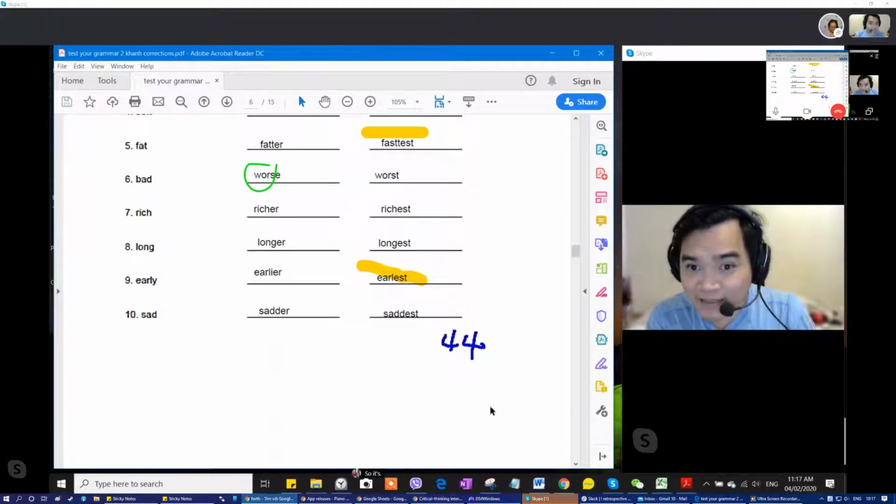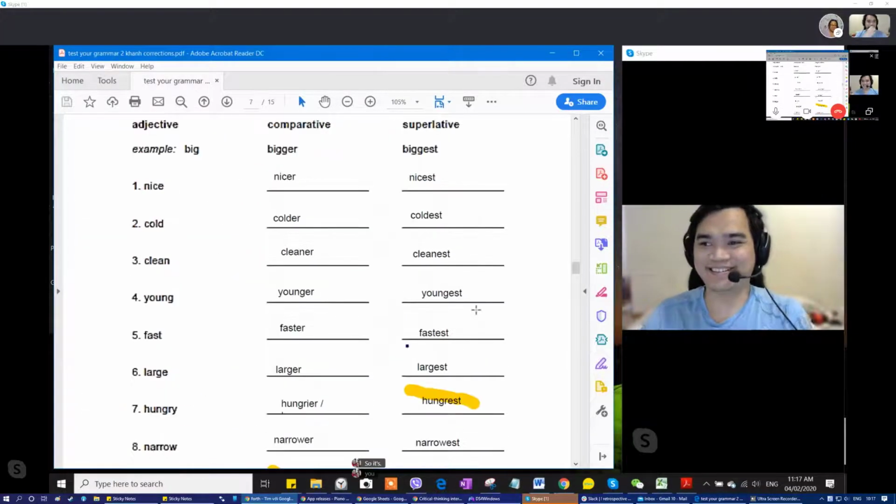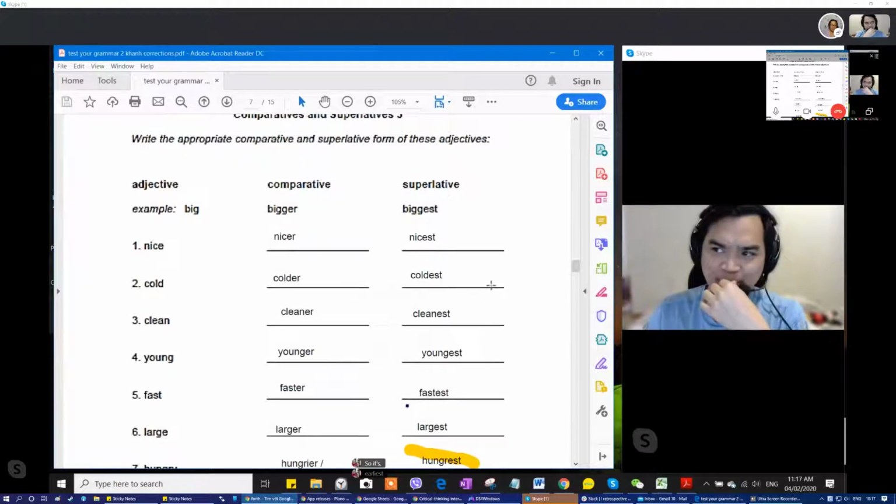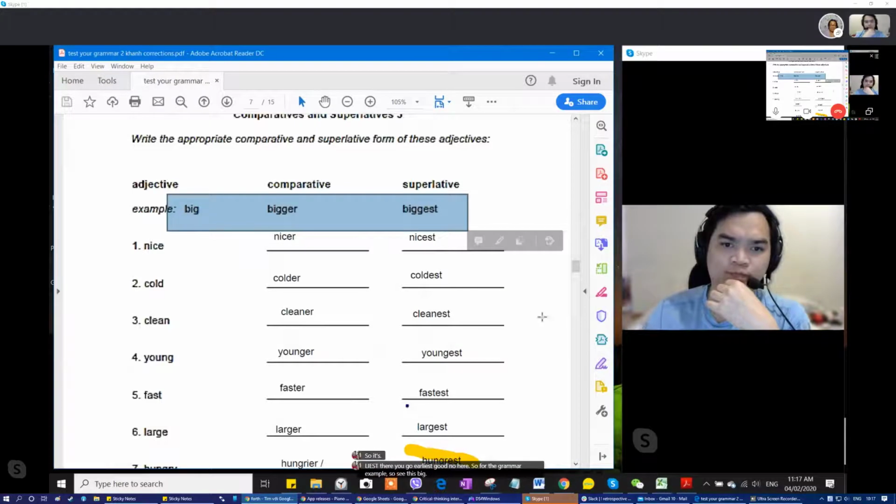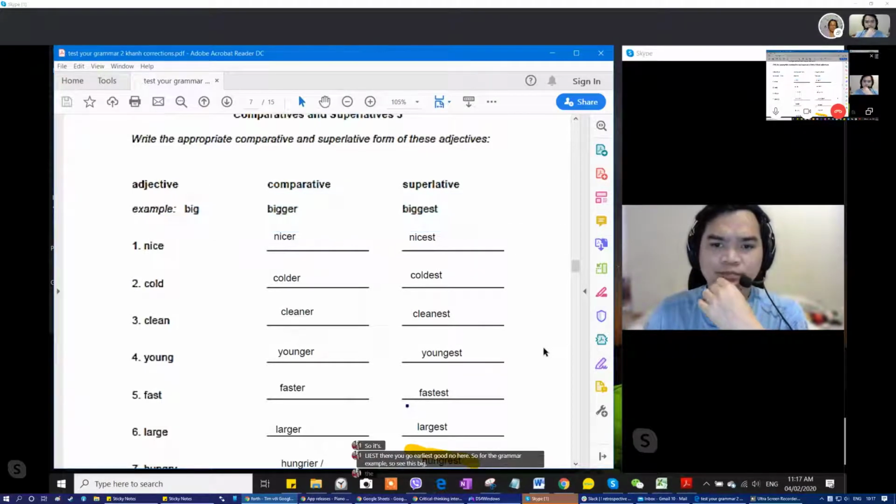One I is missing. There you go, earliest. Good. Now here, for the grammar example, you see this big pattern? Double the G, biggest. Nice, nicer, nicest.